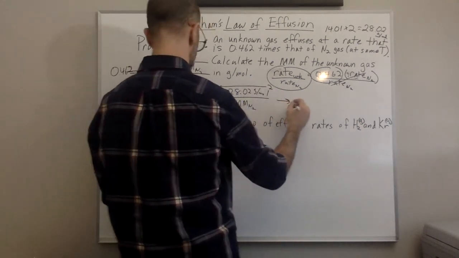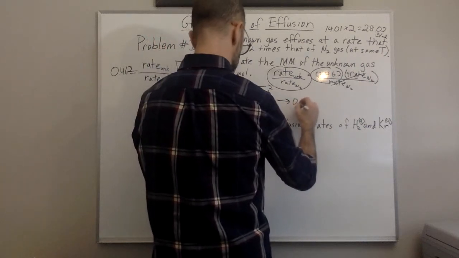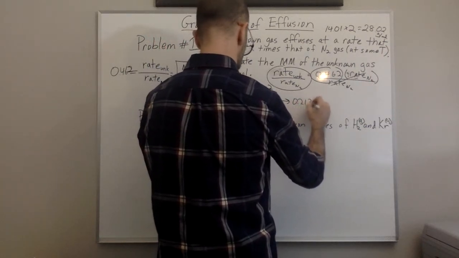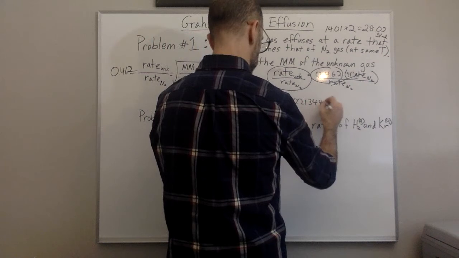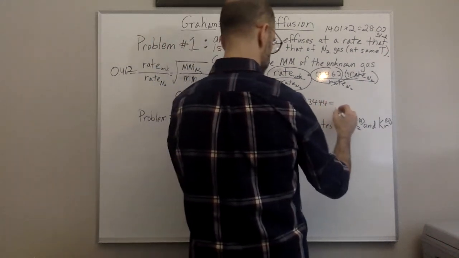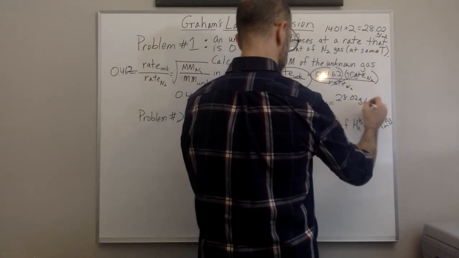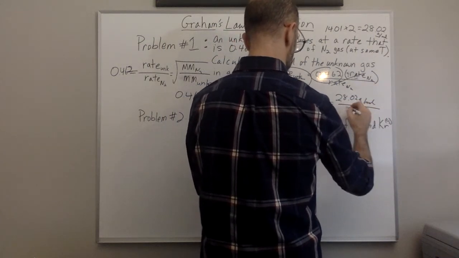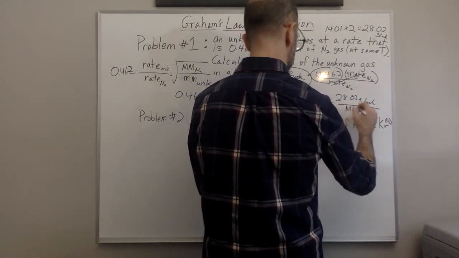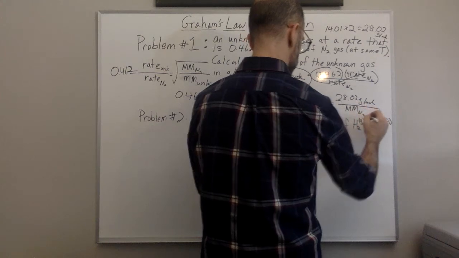So 0.462 squared, which is 0.213444, is equal to 28.02 grams per mole over the unknown molar mass.